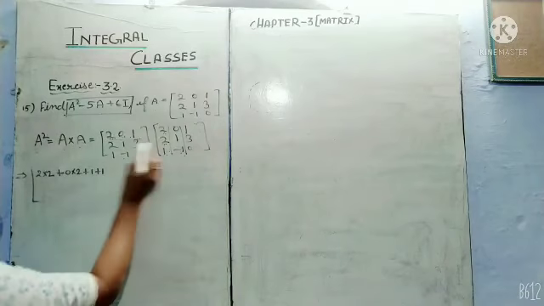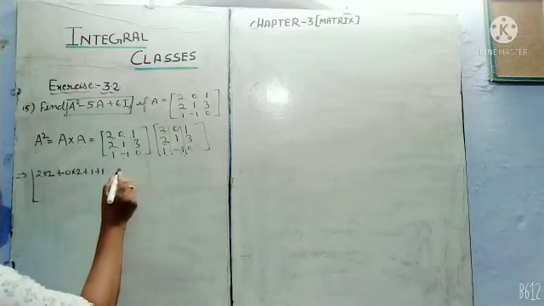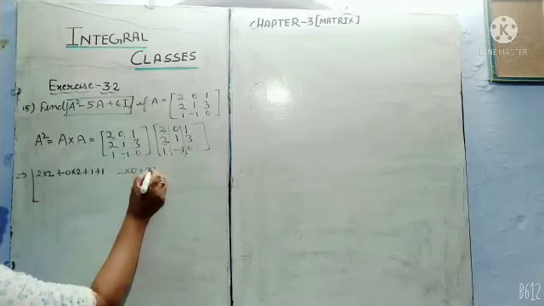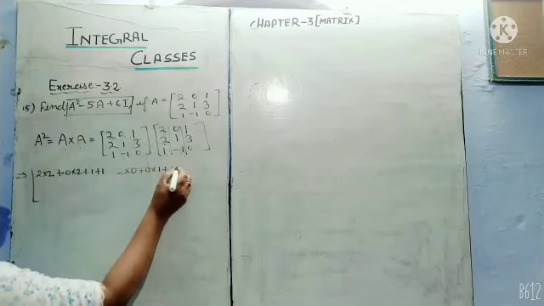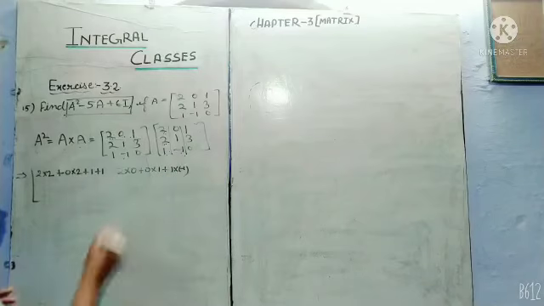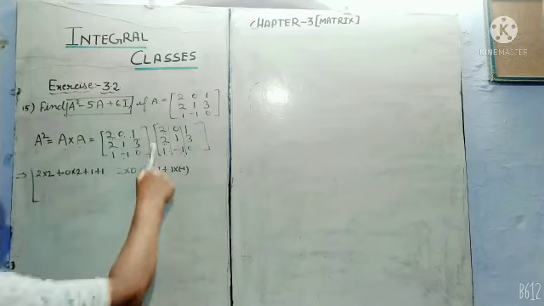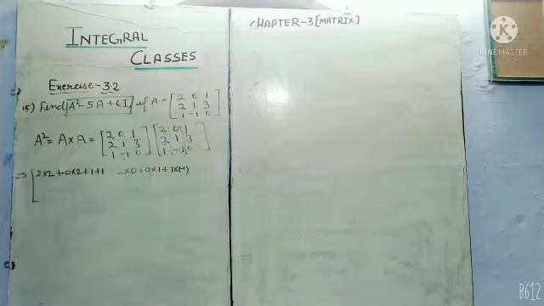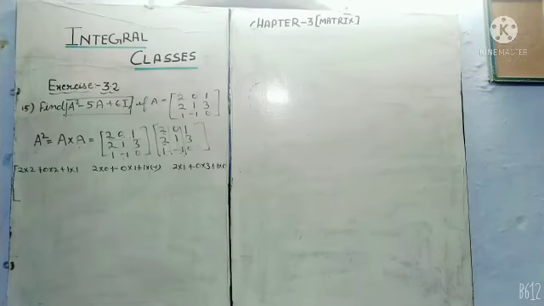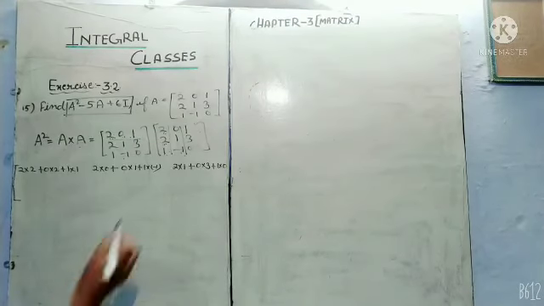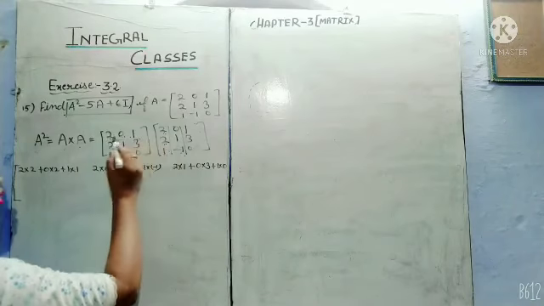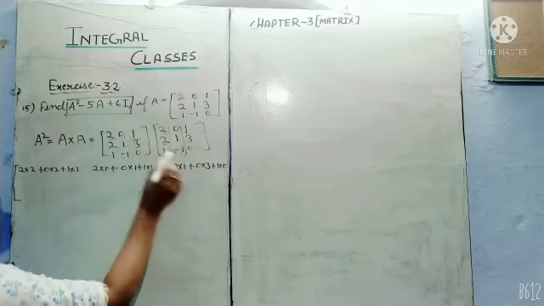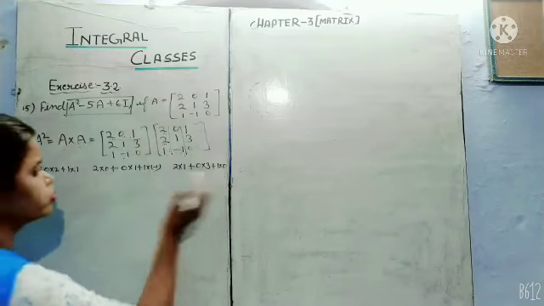Okay, again first row, second column, 2 into 0, plus 0 into 1 plus 1 into minus 1. For the third column, again first row, third column, 2 into 1 plus 0 into 3 plus 1 into 0.